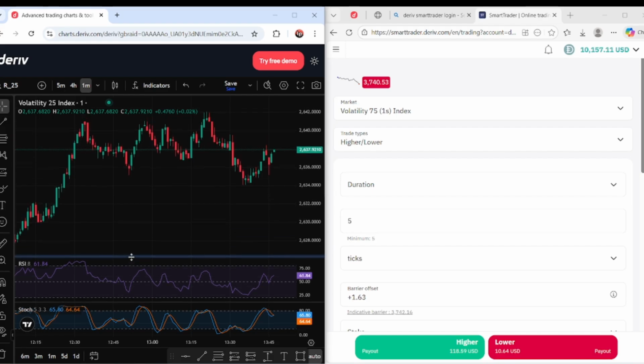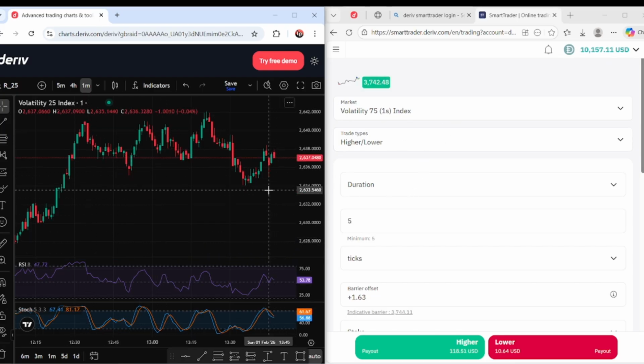In those videos, I taught you guys how you can spot trading signals with options trading. What I mean by this is that you can spot signals right here and trade them with your options, because options give you more leverage and more potential to win a trade than trading here.